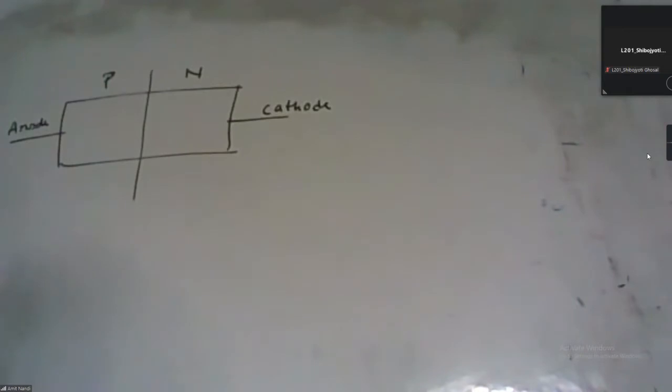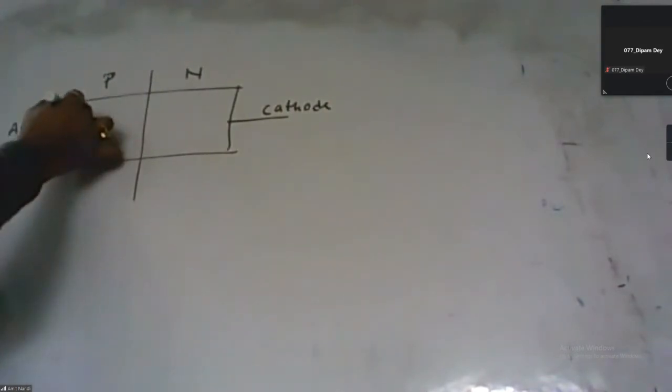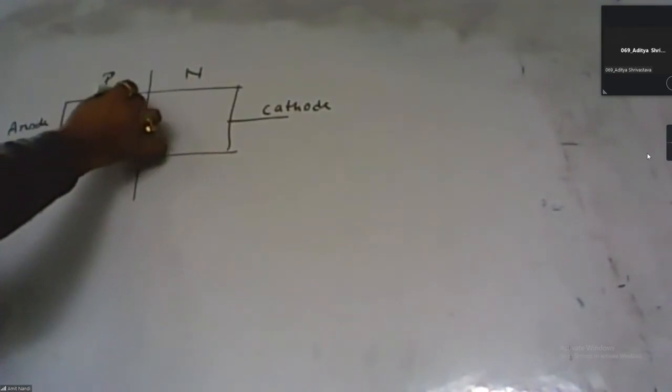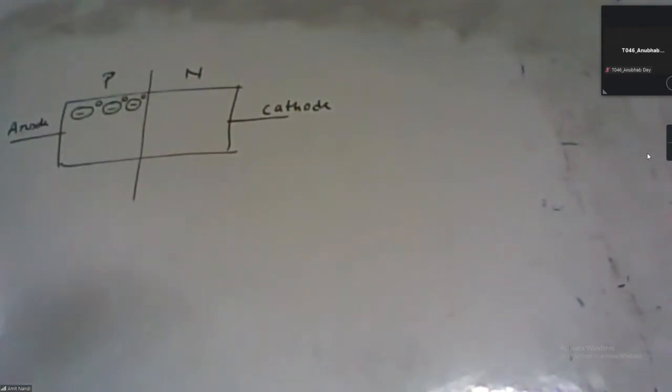When it takes an electron, a vacancy is created, so it can be represented in that way. It takes one electron and behaves as a negative ion. At the same time, a vacancy is created, which is represented as a hole.